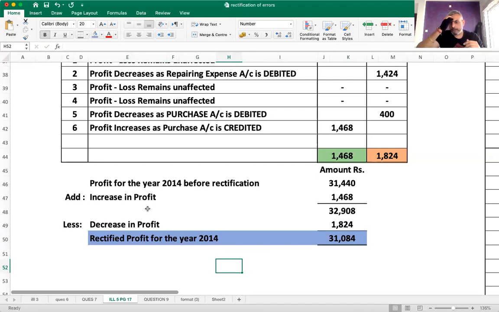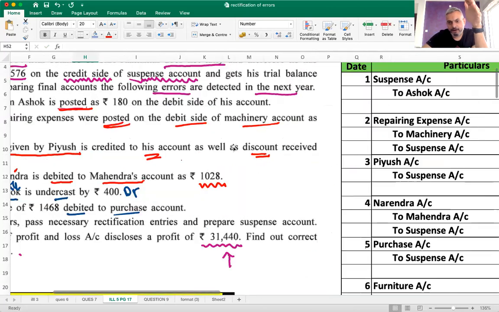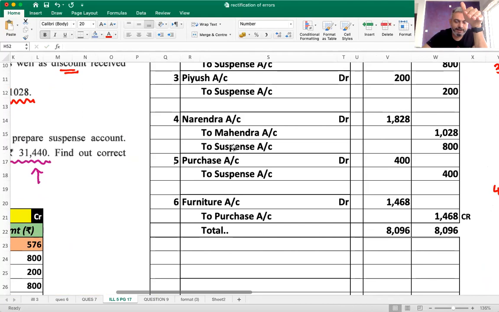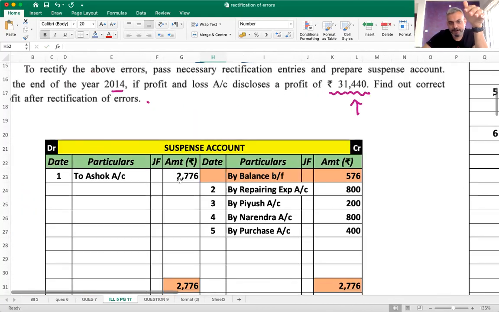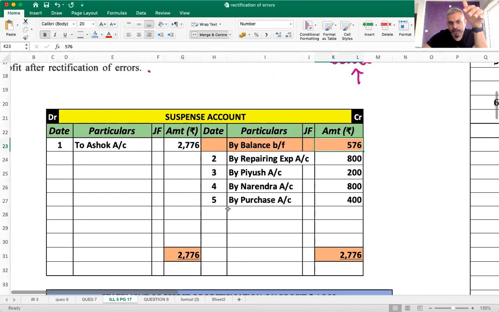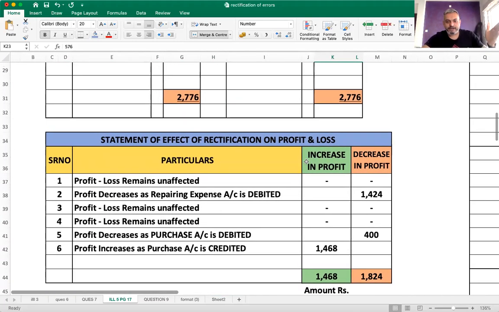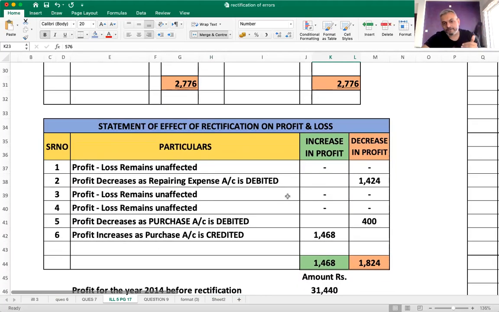So now I'll explain the flow once again. Our trial balance did not tally. We had a suspense account. We located the errors. Then we rectified all these errors. Once we rectified the errors, we again prepared a suspense account. And then suspense account got tallied, so the balance became zero now. So suspense account gone, and we had a profit before rectification. So now because of rectification, we had to see what happens to the profit.